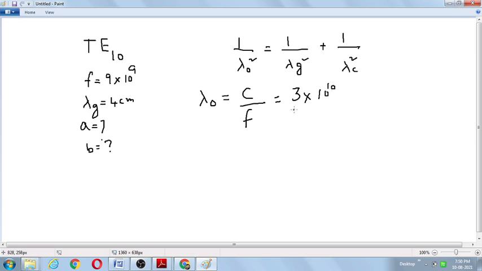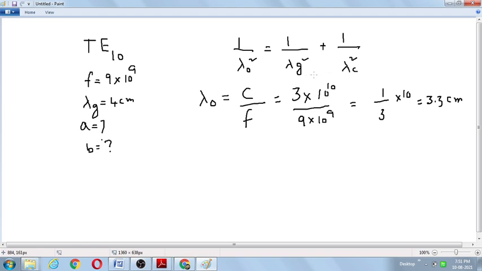So 3 by 9 is equal to 1 by 3, and 10 power 10 by 10 power 9 is equal to 10. So 10 by 3 is approximately equal to 3.3 centimeters. That is lambda naught, 3.3 centimeters.